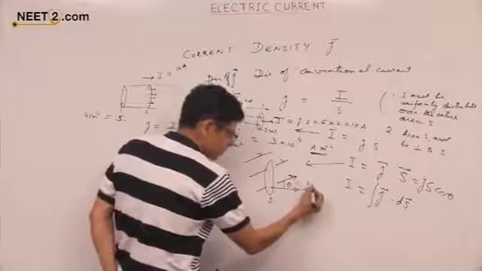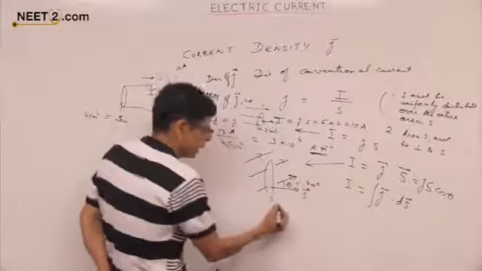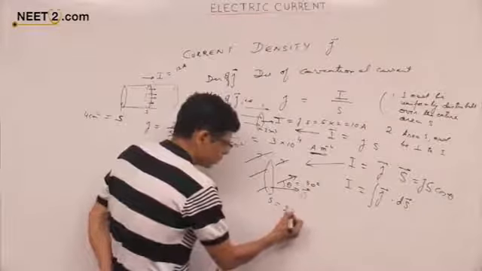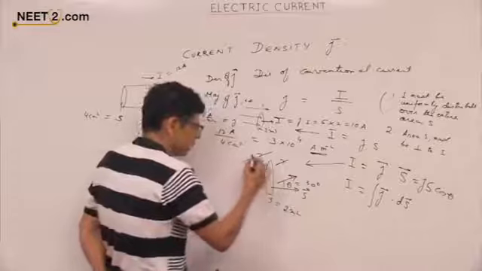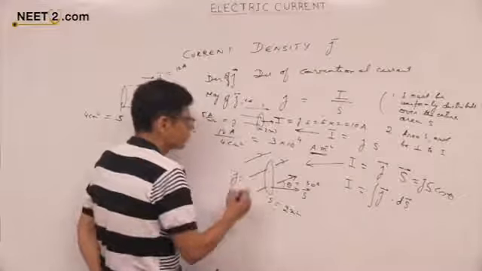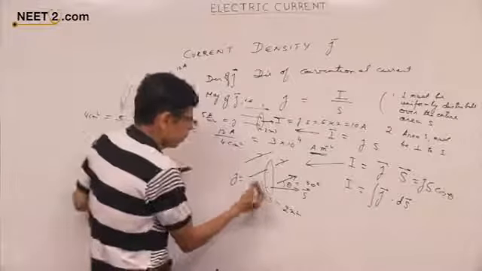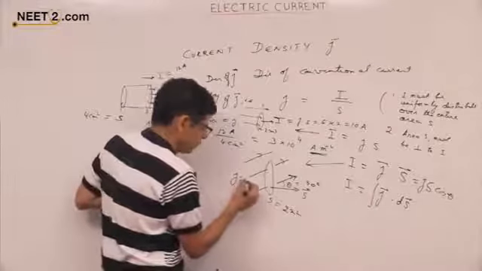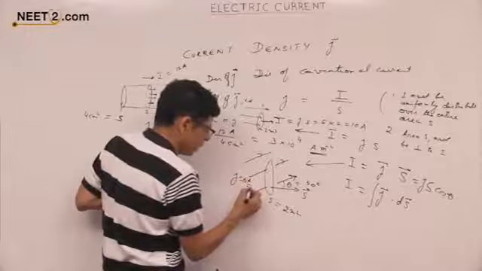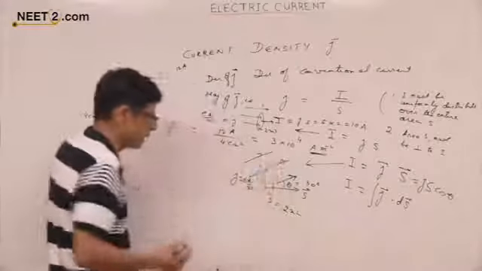Suppose this angle is 30 degrees. Once again, S is 2 meters square, whereas the magnitude of J is, say, 6 ampere per meter square. What current penetrates through that area?